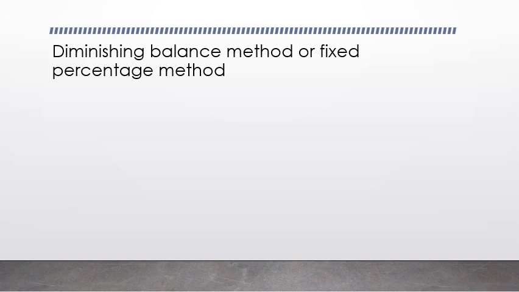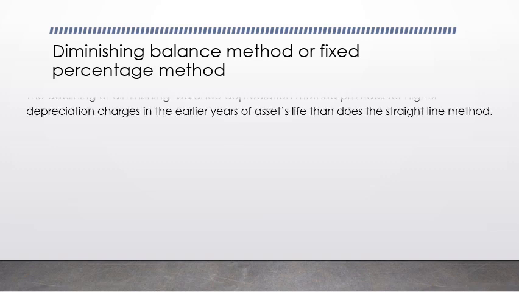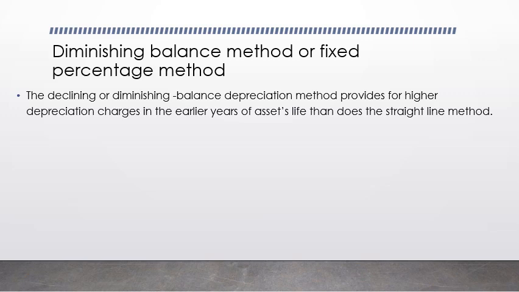Next method is the diminishing balance method or declining balance method or fixed percentage method. Three different terminologies are used. Here the assumption is that depreciation per year is maximum at the beginning and goes on reducing as we pass by.